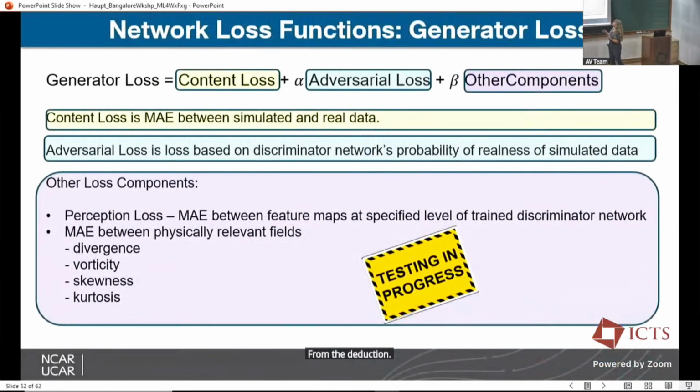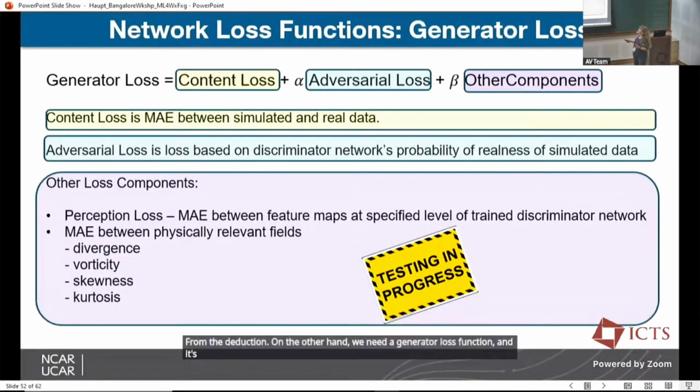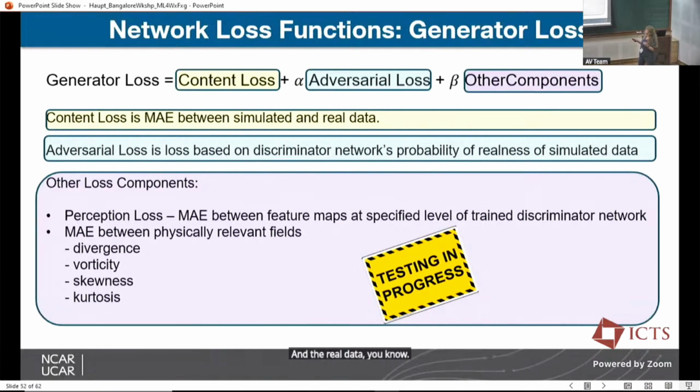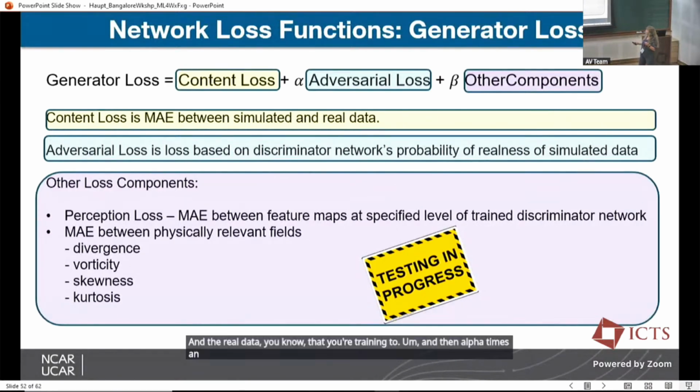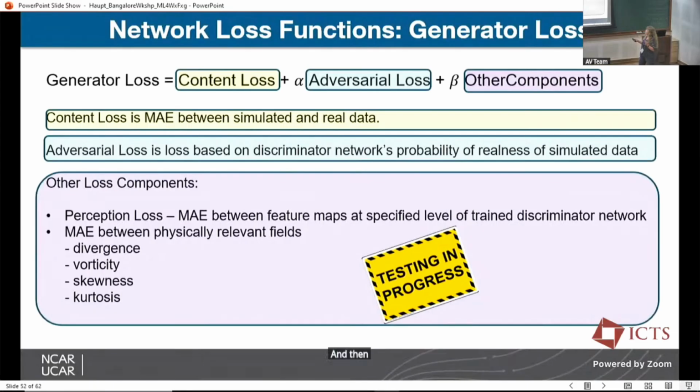On the other hand, we need a generator loss function, and it's pretty typical to do a content loss. That's just the MAE between the simulated and the real data that you're training to. And then alpha times an adversarial loss, that's based on the discriminator's probability of realness. And then you can add whatever other ones you want.